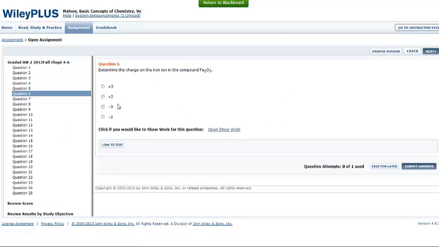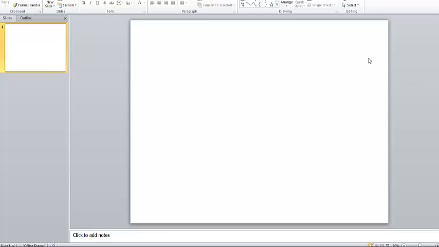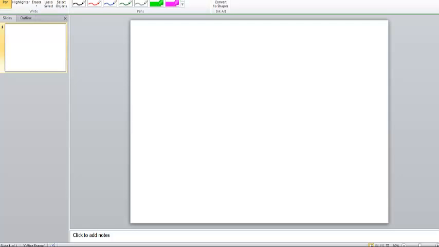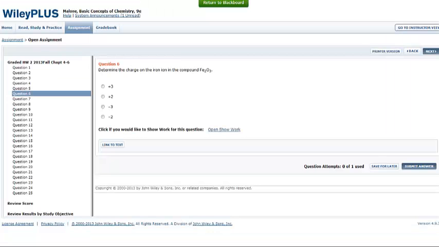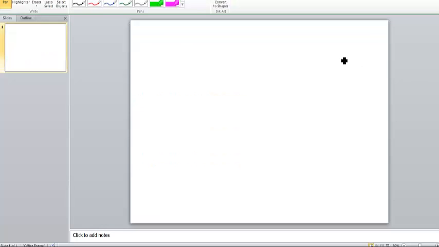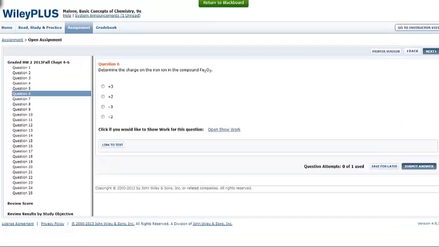Question 6, determine the charge on the iron in the compound Fe2O3. So in this particular compound, let's go back to the periodic table.